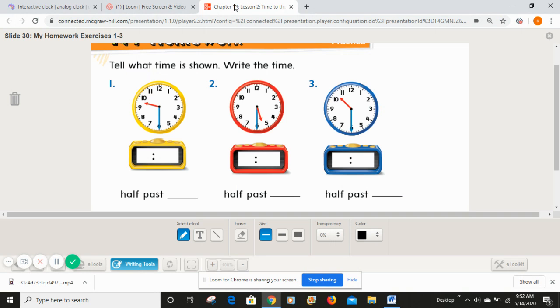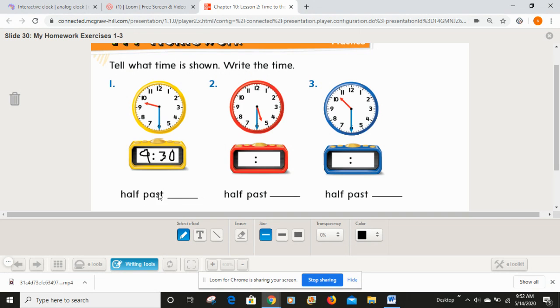All right, here are some clocks. Tell what time it is, write the time. You can see this is the analog clock. My hour hand is in between the 9 and the 10. My minute hand points straight down to the 6. It's not at the top anymore. So we can say, and I'll try and write this in. It's a little bit harder to do this on the computer than it is on the smart board. But I can see that I'm still at 9 and I'm at 30.